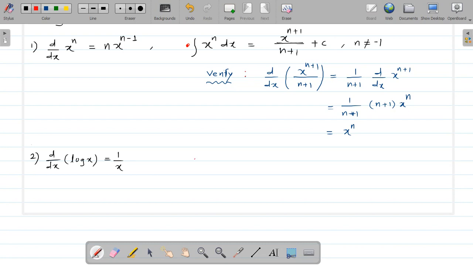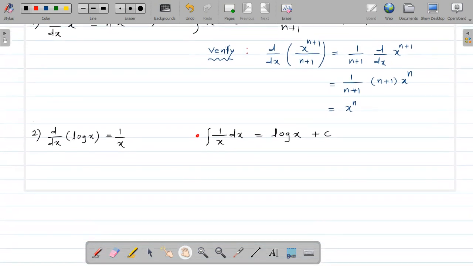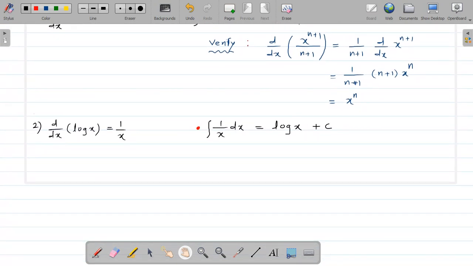By antiderivative we will get the rule that integration of 1 upon x with respect to x will be log x plus c. So again here the antiderivative concept. If the derivative of log x is equal to 1 upon x, then you remember as a standard function the integration of 1 upon x dx is equal to log x plus c.